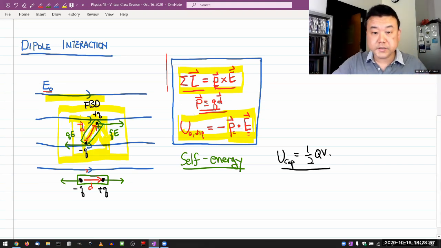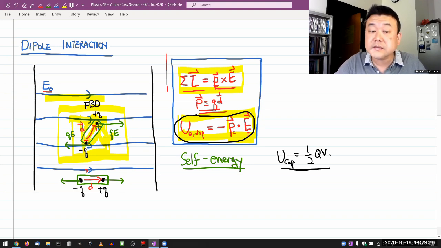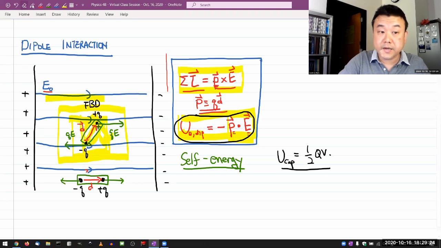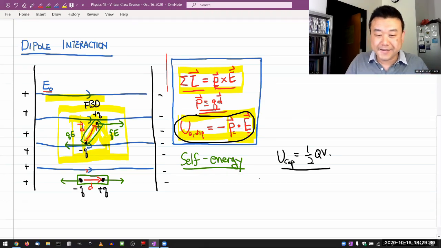So what I want to distinguish here is that this particular energy describes the interaction between the dipole and something external, whatever the external thing is that I must have used to set up this electric field. That's what that energy refers to. When I talk about self energy, it's the energy of the object that's there because of the object that's there.